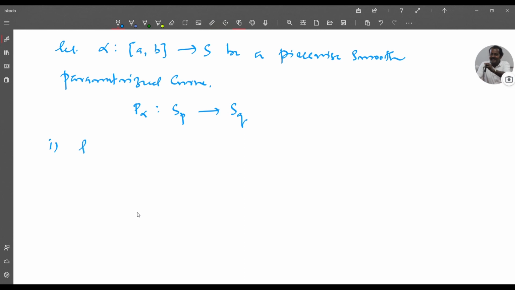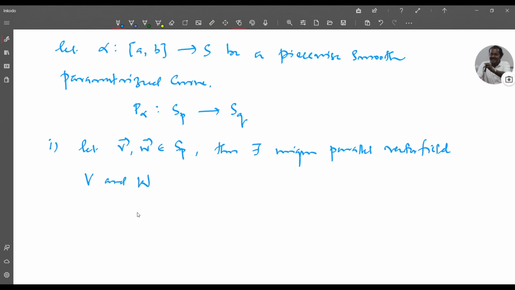Let v, w belong to S_P, two tangent vectors. Then there exist unique parallel vector fields V and W along alpha such that V(a) is little v and W(a) is equal to little w.